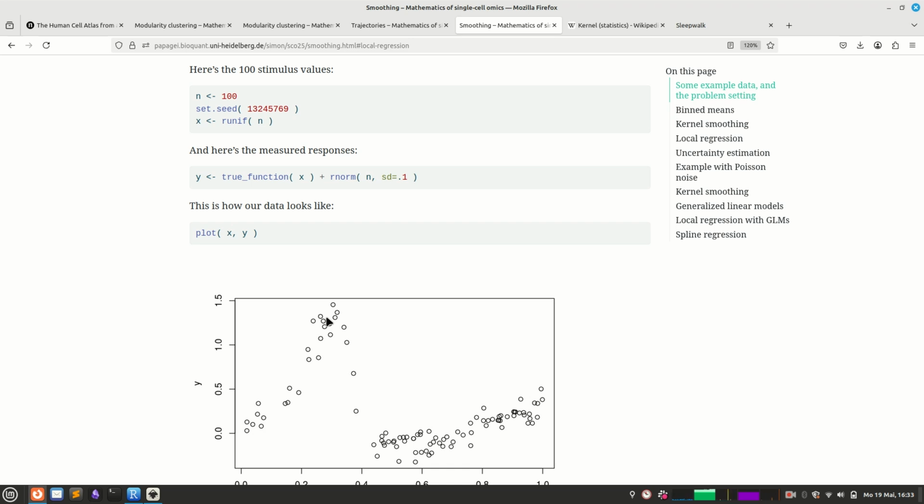And once you use this, you go from your linear model to something which is called a generalized linear model, or GLM. And the nice thing about GLMs is that they can accommodate non-normal noise. They can work with noise which is not normally distributed, but for example, Poisson distributed.